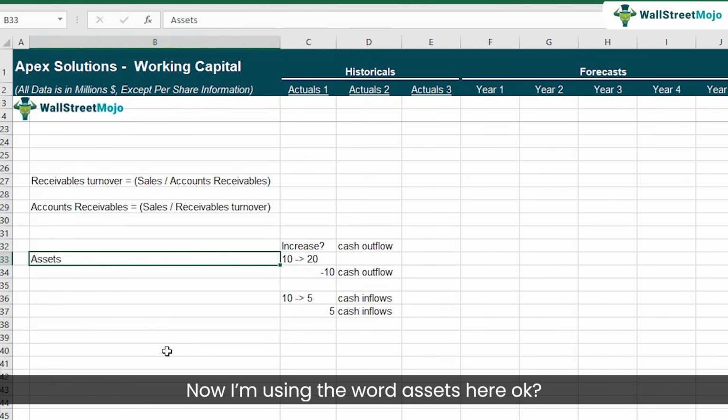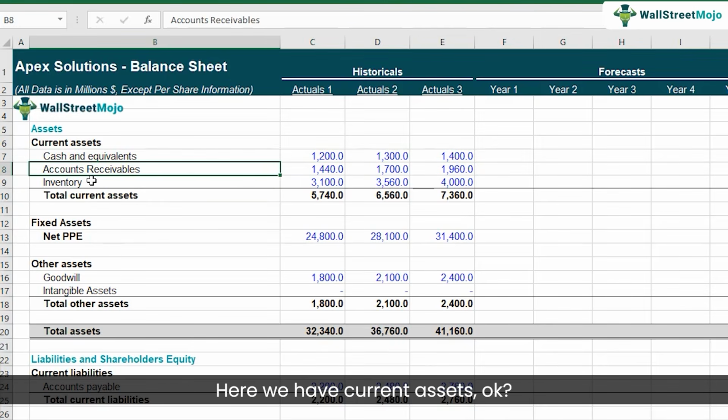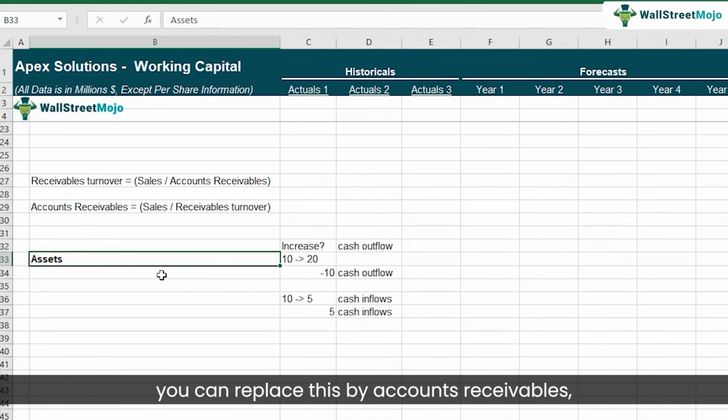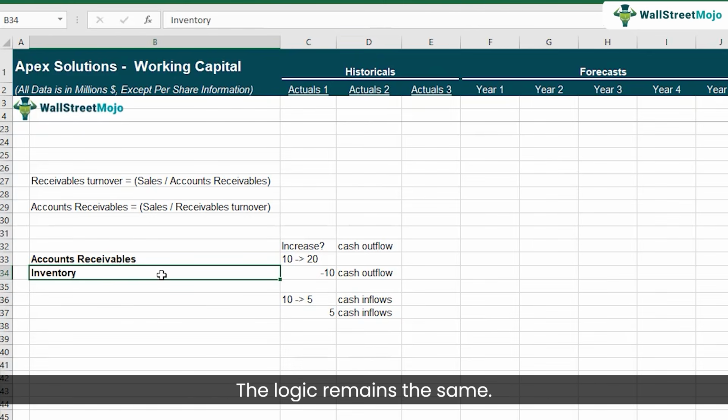Now I'm using the word assets here, but think of assets as anything on the assets side. Here we have current assets: receivables, inventory. So when it comes to cash outflow or inflow, you can replace this by accounts receivables, you can replace this by inventory as well. The logic remains the same.